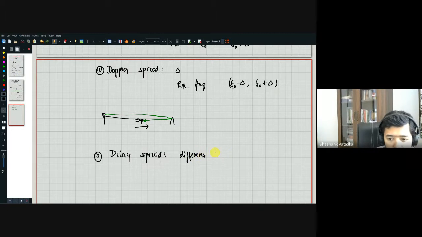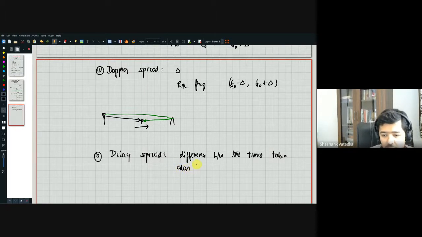Right? And the delay spread is essentially the difference between the times taken, the amount of time taken for the signal to propagate along the longest and the shortest paths.